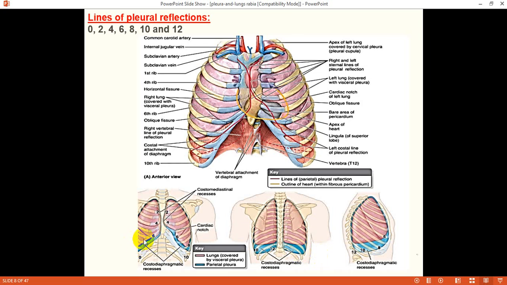In the mid-clavicular line this extends from the 6th to the 8th rib. In the mid-axillary line, the extent is from the 8th to the 10th rib, and posteriorly the extent is between the 10th and 12th rib. So this is between the costal line of reflection and the inferior border of the lung.